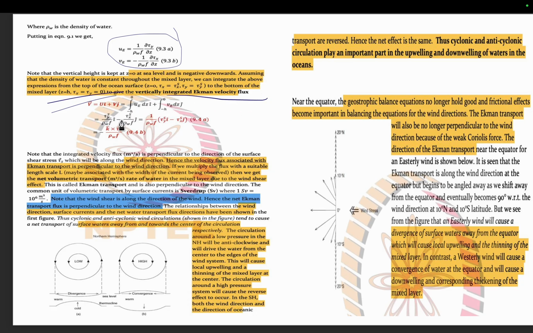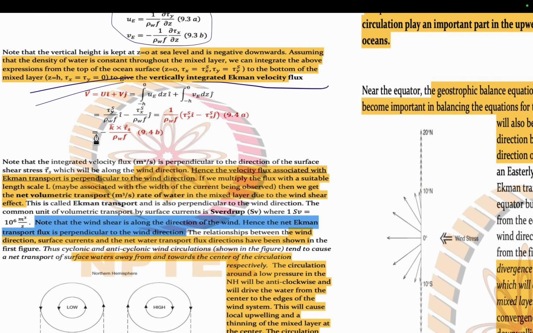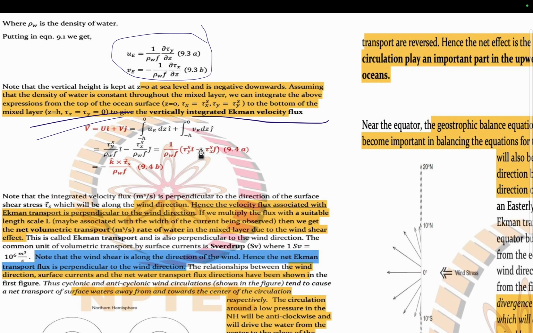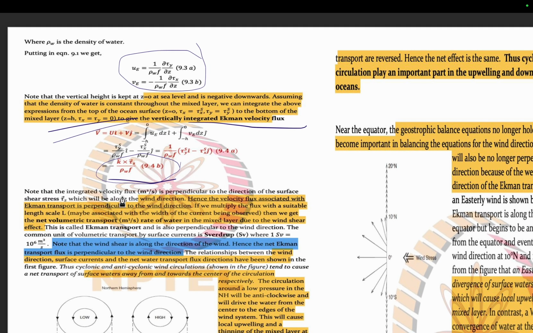So one can write this vertically integrated Ekman velocity flux by integrating z from minus h to 0, that is, in the vertical direction, and one gets a torque-like term, k cap cross tau, a component of k cross tau. Note that the integrated velocity flux is perpendicular to the direction of the surface shear stress.